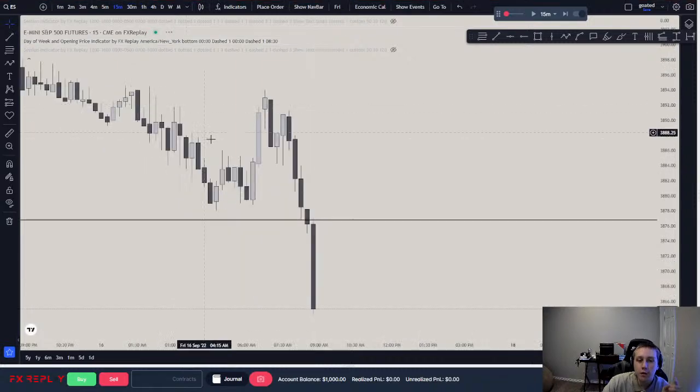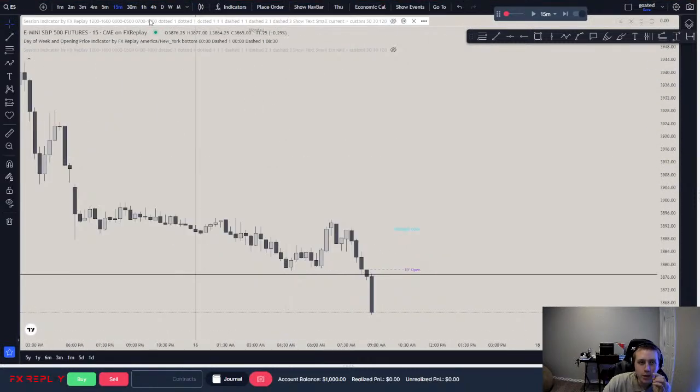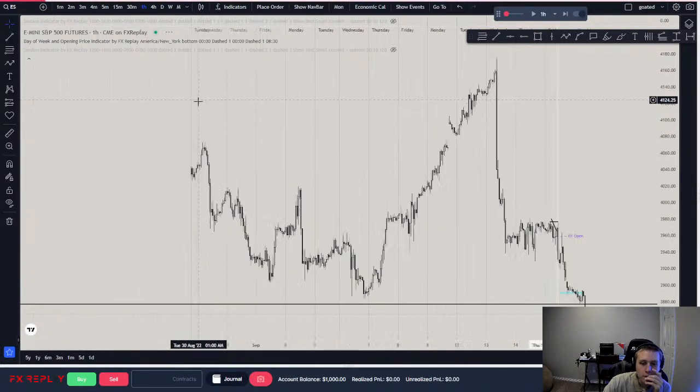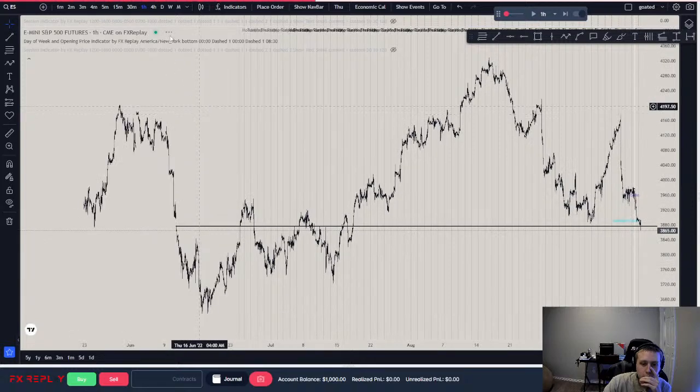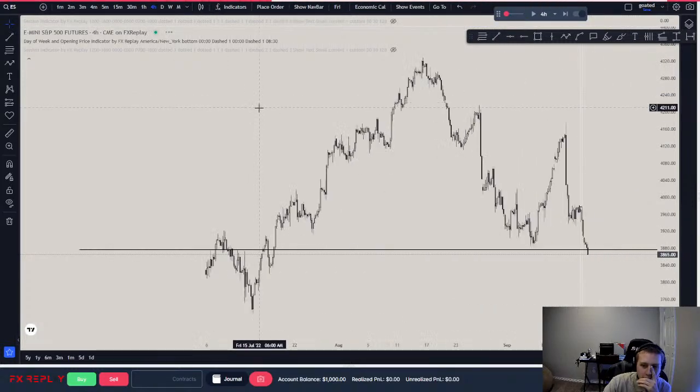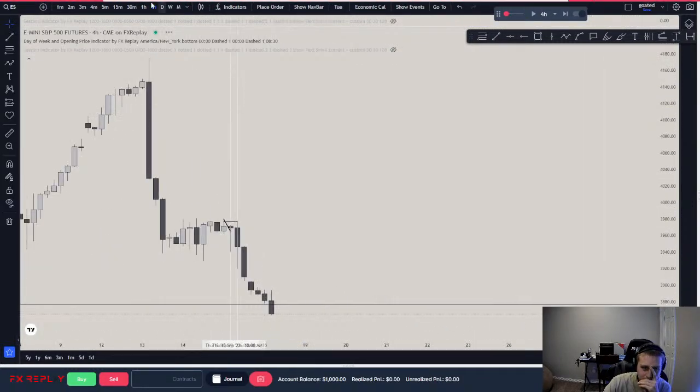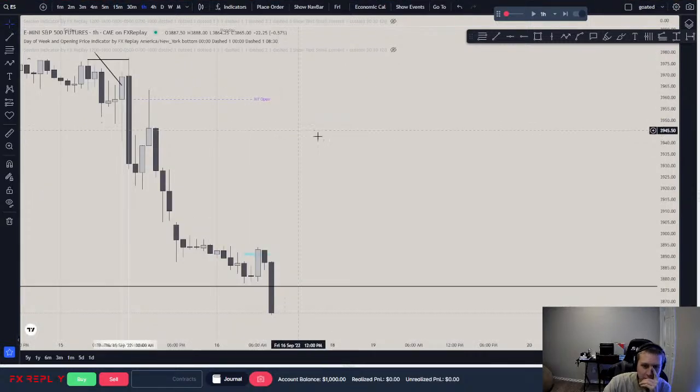We probably have some form of new week opening gaps, new day opening gaps that I'm not able to see. So we do have a higher time frame array. Order flow's bearish. Just keep it like that.